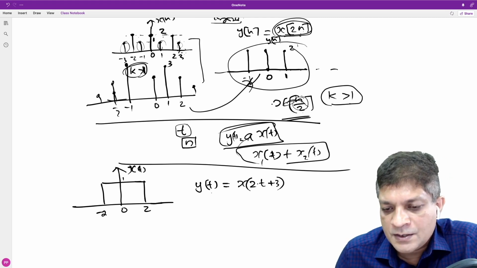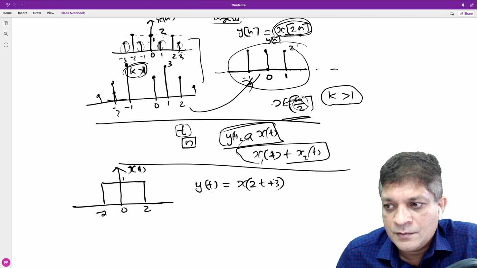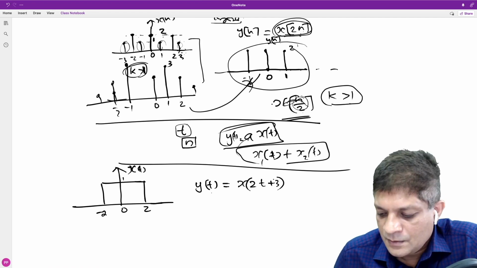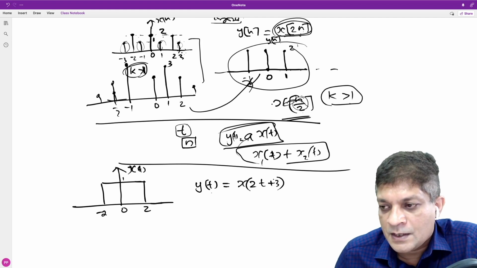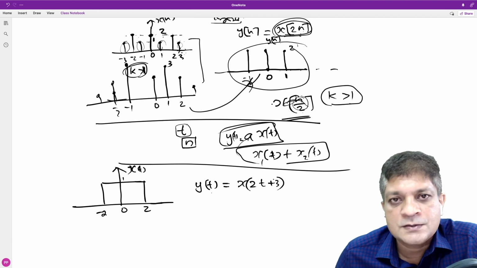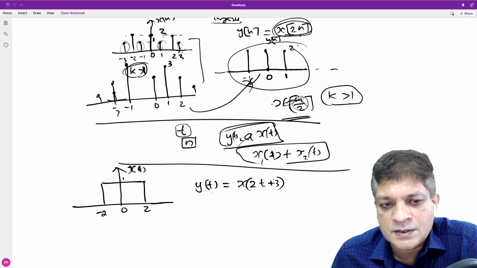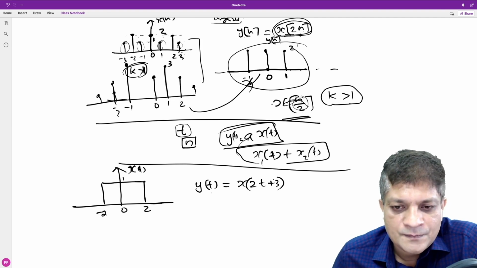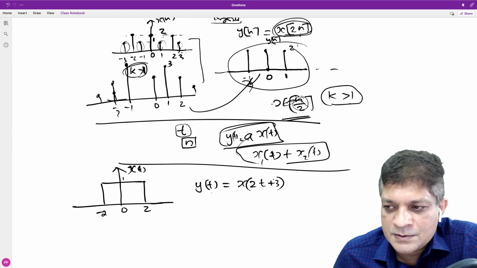How many operations are there? It is a combination of how many operations? There are two operations. One is time scaling and the other one is shifting. Now when we say it is a combination of two operations, in which order should we do them? First scaling or shifting?